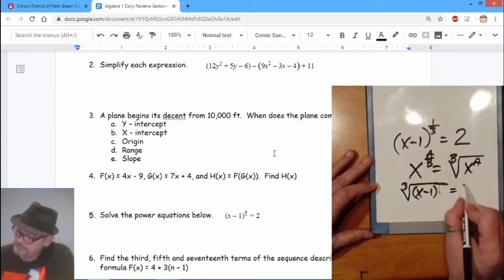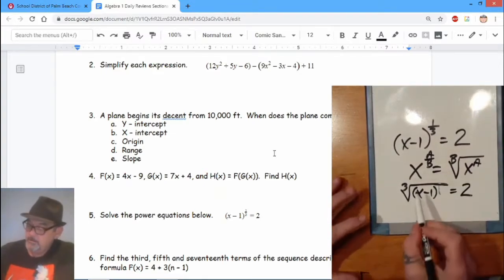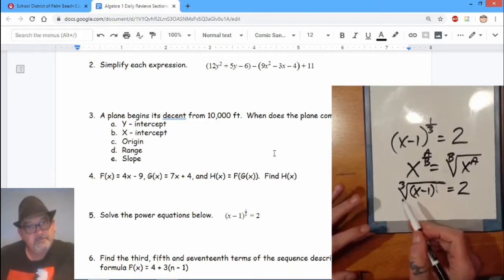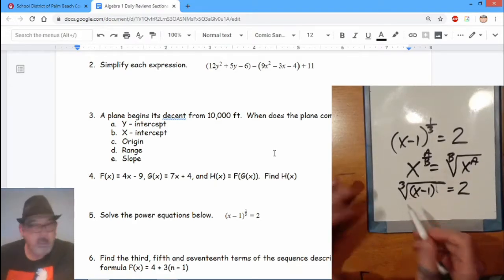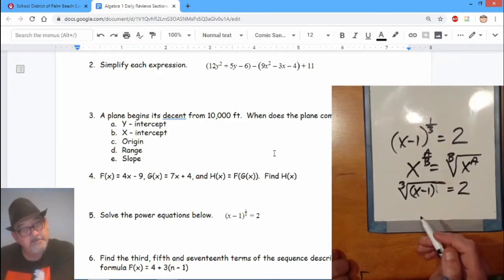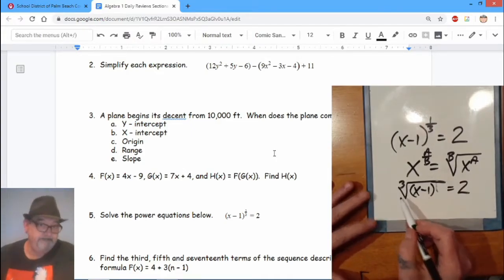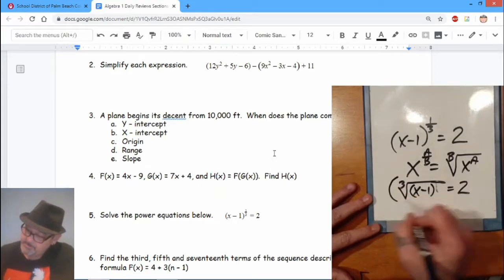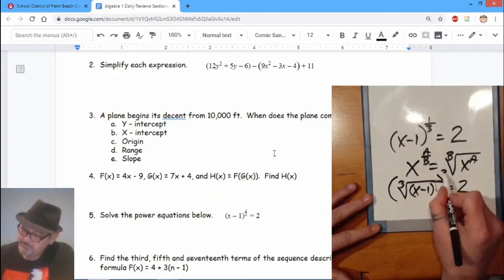And this equals 2. So, what is the opposite of taking the third root of something, or the opposite of the square root? An opposite of a square root is square it. The opposite of a cubed root is cube it. So I'm going to take this whole thing and raise it to the 3rd power.